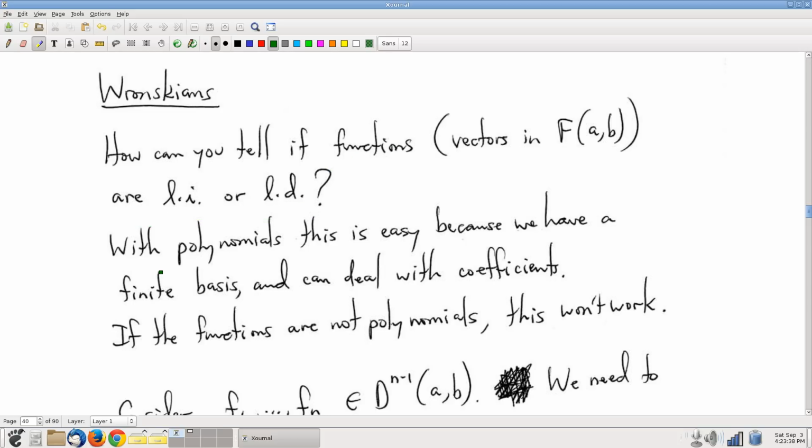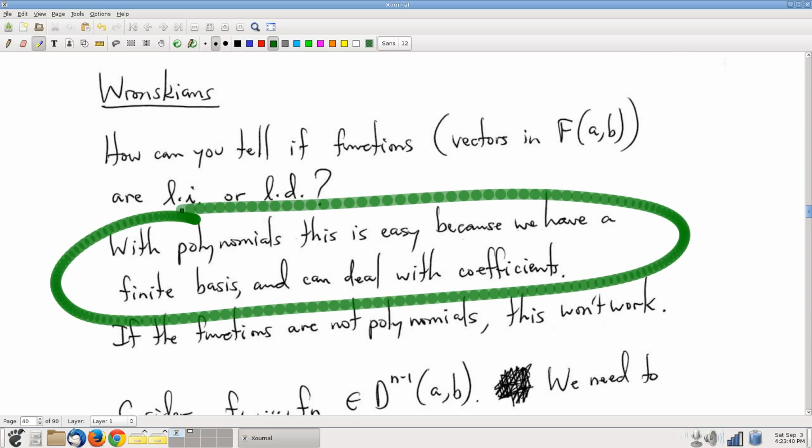Independent or dependent? Well, we've done an example previously, specifically an example involving polynomials. And that was kind of a cheap trick because we got lucky there. We broke it down to coefficients. You write down what it would mean for a list of polynomials to be independent or dependent, and realize that you can then write simply down a system of equations about the coefficients in those polynomials.